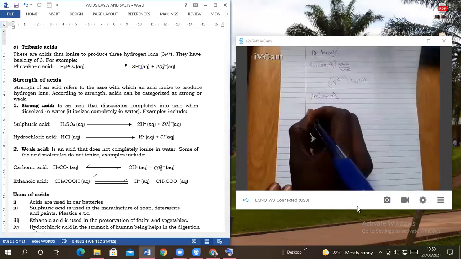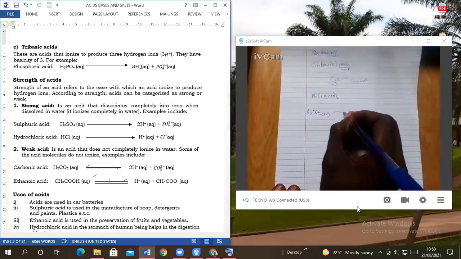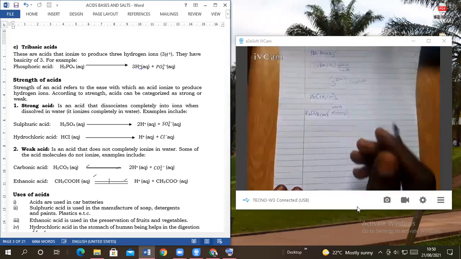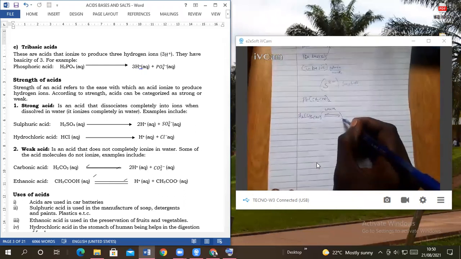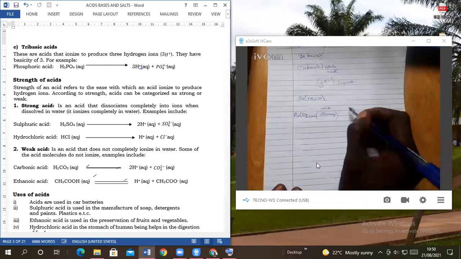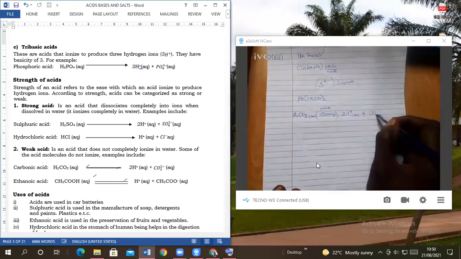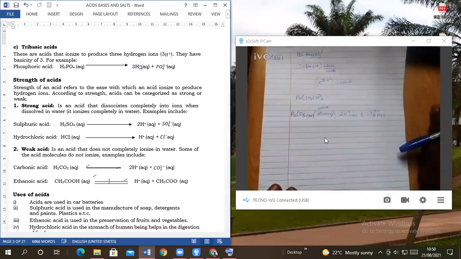You first write, for example, carbonic acid, aqueous, and it forms this. This shows that it's weak. If you want to know that it's weak, it gives you two hydrogen ions, aqueous, plus a carbonate, which is also aqueous. That is what we mean by weak.